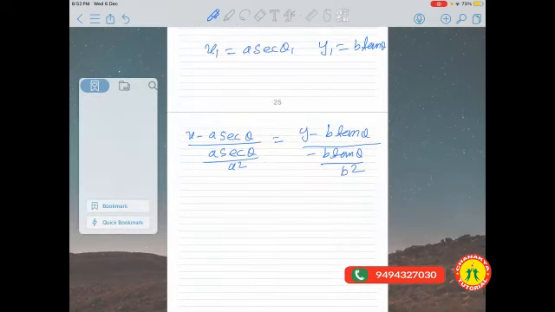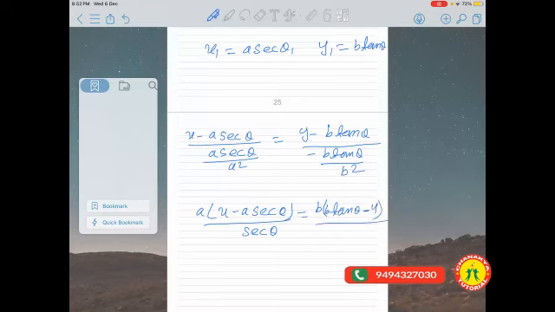Simplifying this, we get a into x minus a sec theta by sec theta equal to b into b tan theta minus y upon tan theta.